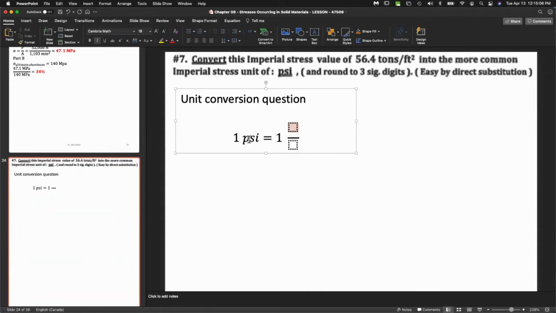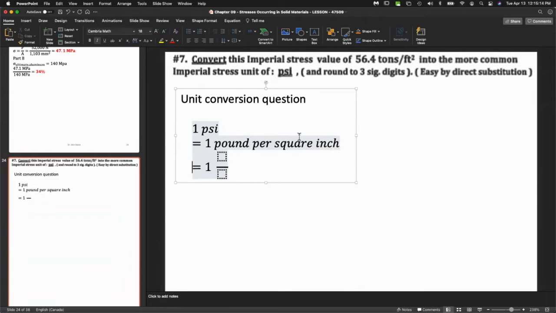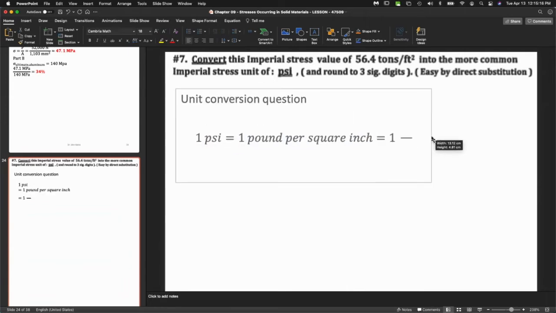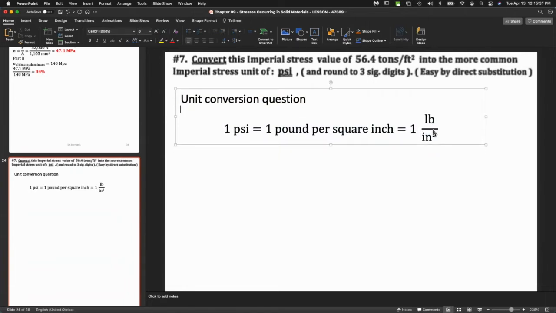Okay, PSI, literally, if you write it out in English, is 1 pound per square inch. So that's what PSI stands for. So in this case, we say it's 1 lb or pound per square inch. It's okay. It's good that you're being honest there, because then I can help you and adjust my pace.